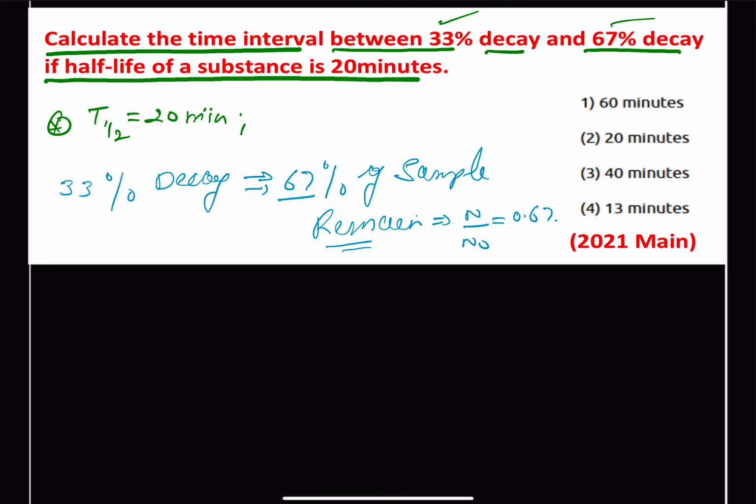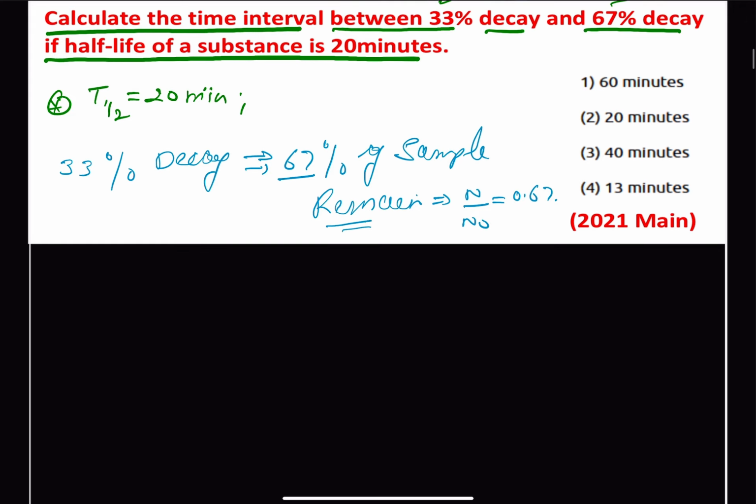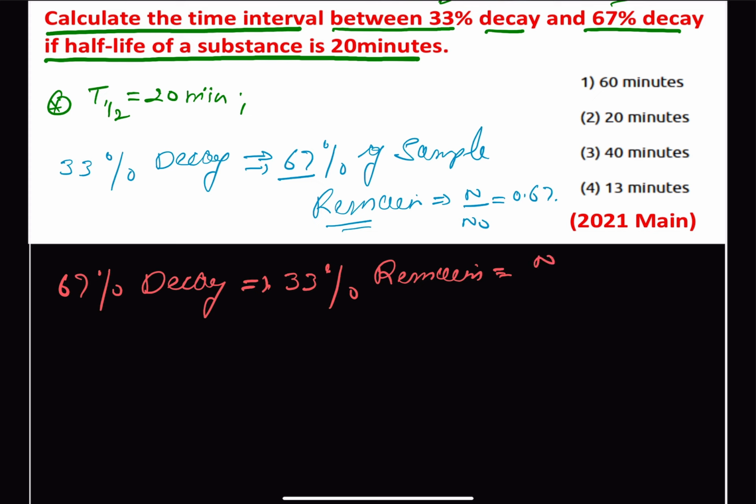For the second case it says that 67% decays, which means 33% remains. So in this case the ratio of n upon n naught will be equal to 0.33.